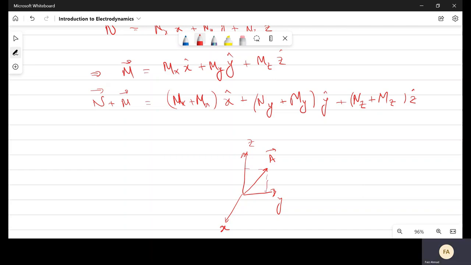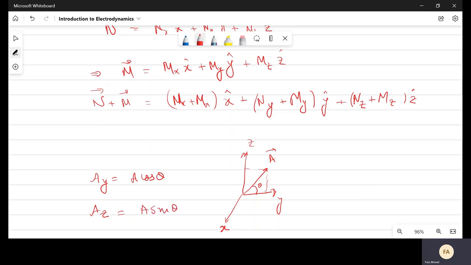There is an angle theta with the y-axis, and I can write the components: ay is equal to A cosine theta, and az is equal to A sine theta.